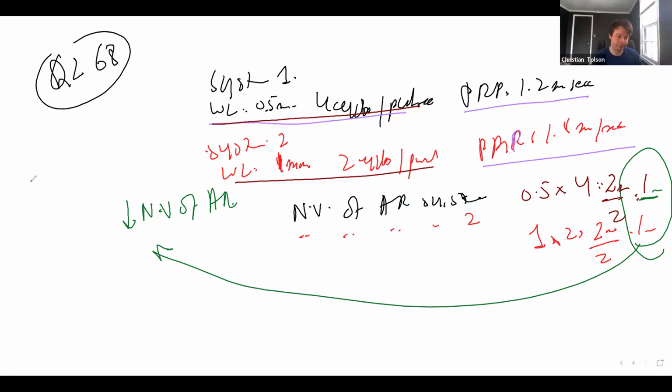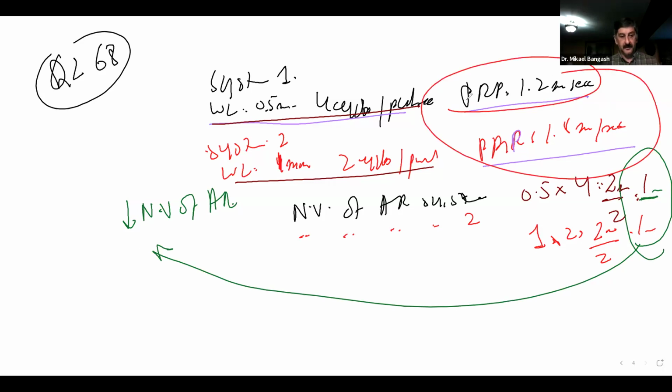So don't get thrown off by these two numbers here and say, well, it's a greater period, or a greater numerical value, because pulse repetition period is not related to period.